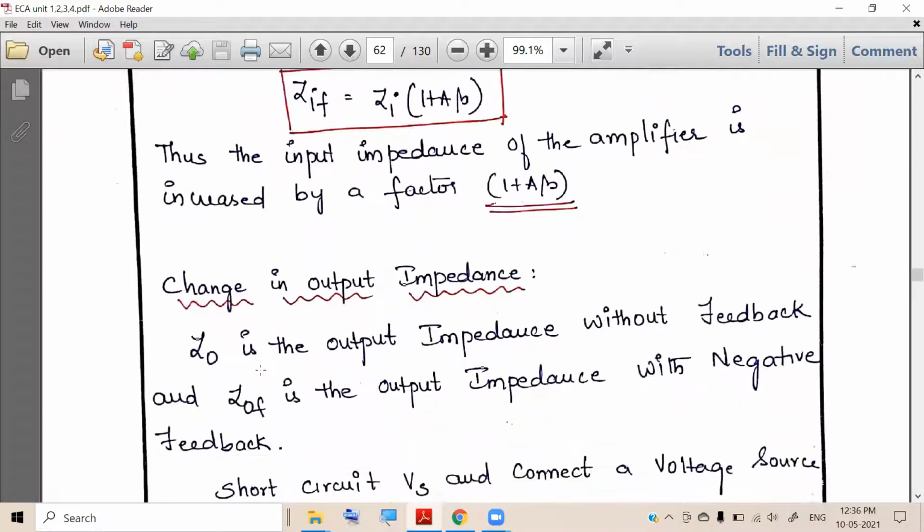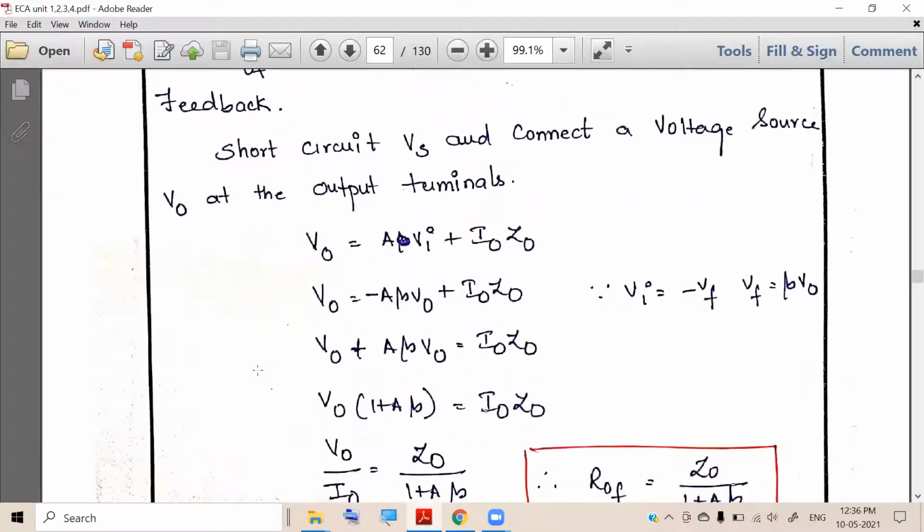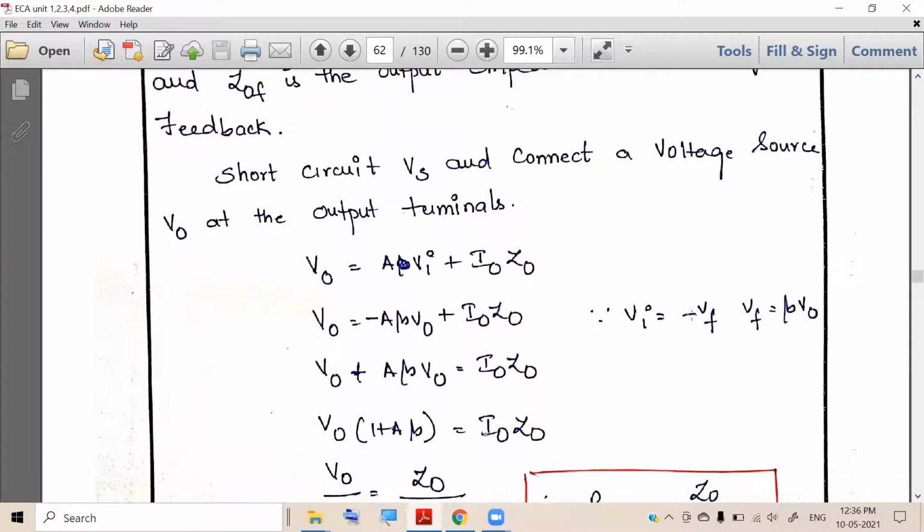This is one relation we got: Vi is equal to minus Vf, or Vi is equal to minus beta V naught.